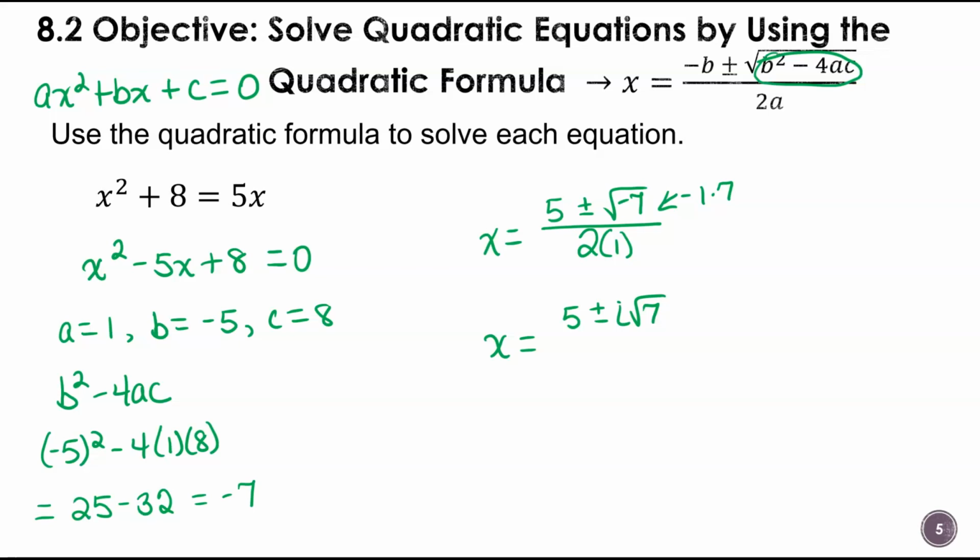The square root of negative 1 is i. And then that's over 2. Now, this could also be written, just so you know, 5 over 2 plus or minus square root of 7 over 2 i. All right, and that would be the way you would write it if you separated those two terms in this way.